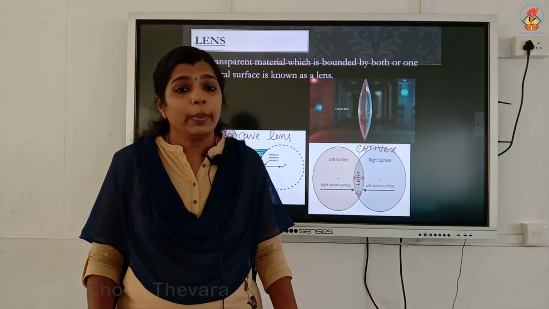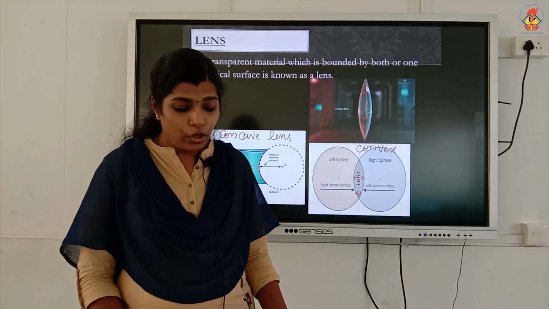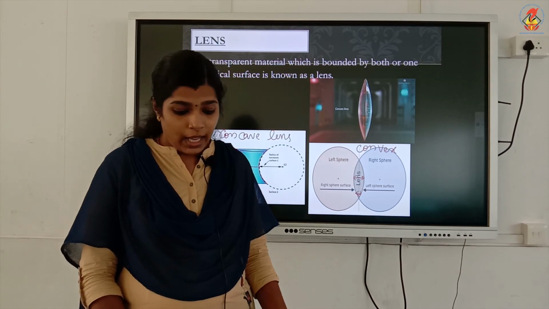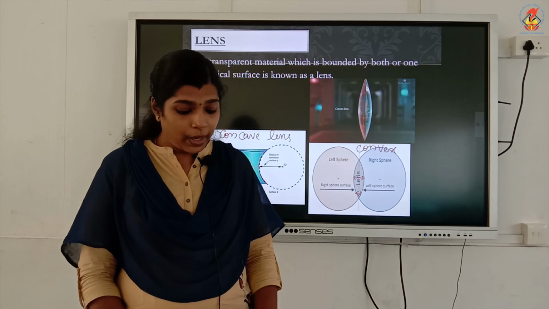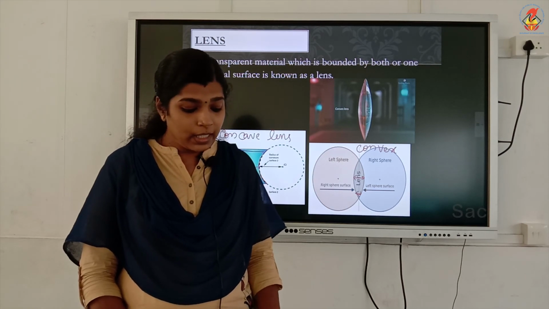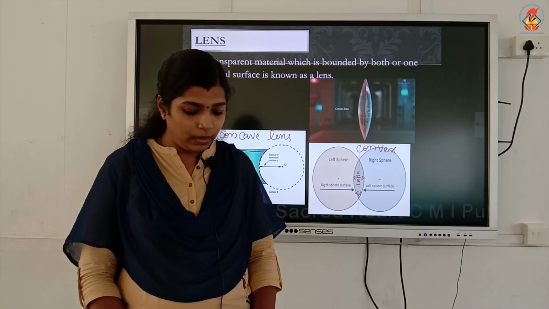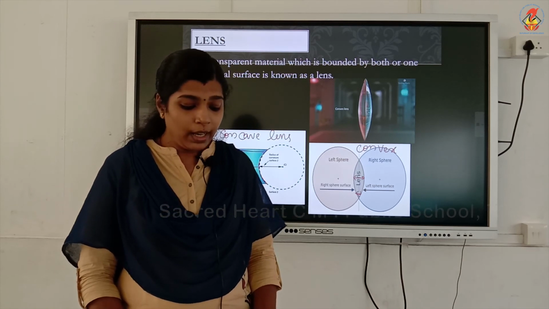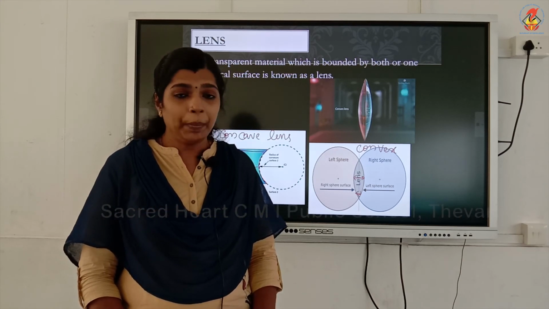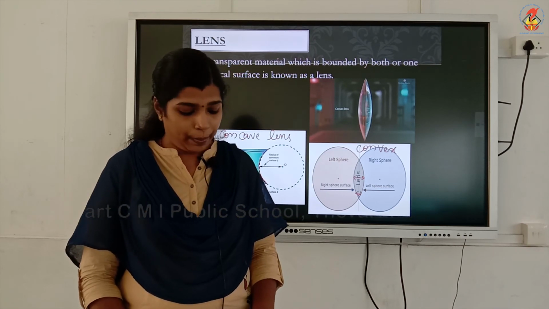Now, if a question is asked like this, explain the converging action of a convex lens. Hold the lens in the bright sunlight in such a way that the rays of sun directly pass through it. Move the lens back and forward till a small, sharp and bright spot of light is formed on the paper.